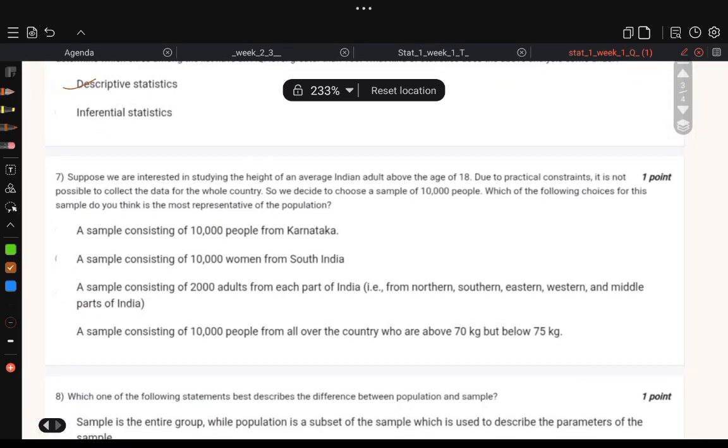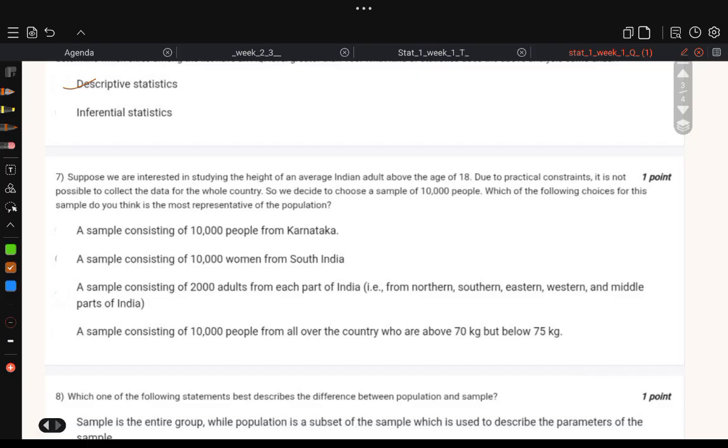Now, suppose we are interested in studying the height of average Indian male adults above the age of 18. Due to practical constraints, right, it is not possible to collect the data of the whole country. So we decided to take a sample of 10,000 people. Which of the following choices for the sample do you think is most representative of the population? Okay, let me see.